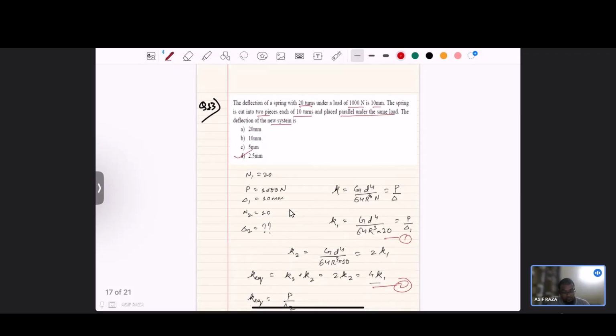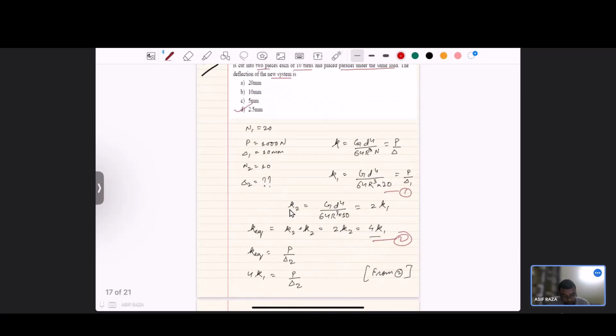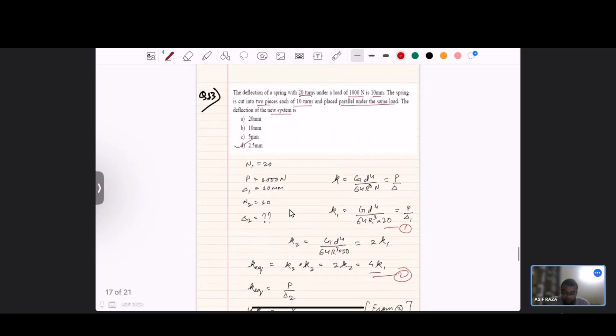So in this question, the spring with 20 turns under the load of 1000 Newton gets deflected by 10 mm. The spring is cut into two pieces, each of 10 turns, and placed parallel under the same load. So the K equivalent would be equal to 4 times K1, where K1 is the stiffness of the earlier spring.